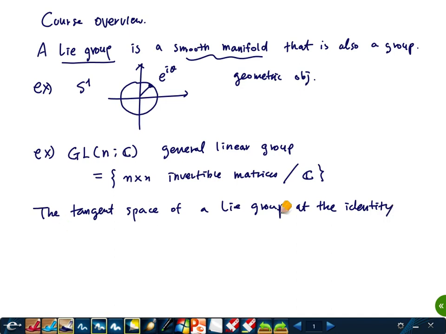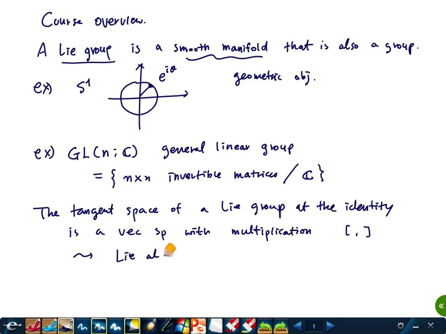And it happens that it is a vector space, and we can also give some multiplication structure there. So it is a vector space with multiplication. And usually the multiplication is denoted using a bracket called a Lie bracket. And this gives us a Lie algebra.